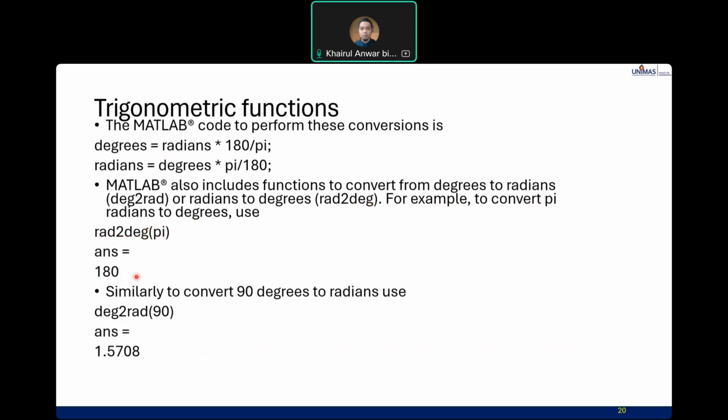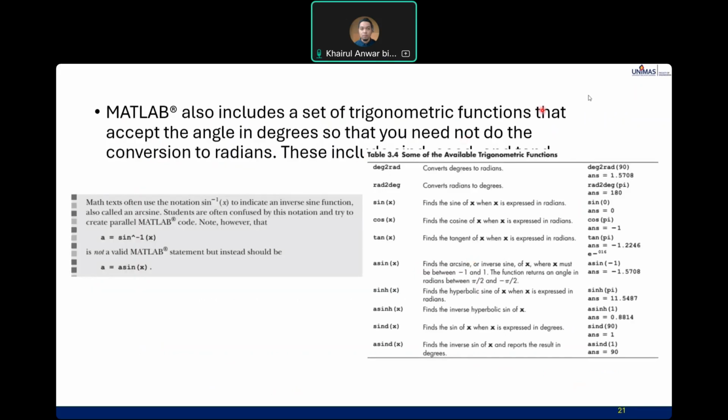We get 180. There are two methods, this or using the command. MATLAB also includes a set of trigonometric functions that accept the angle in degrees so that you need not do the conversion to radians.